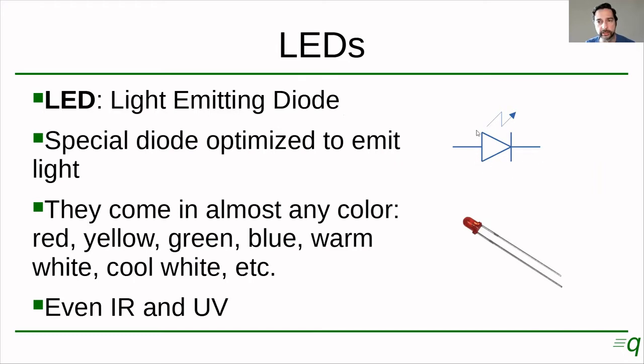So we draw the symbol as a diode with this arrow or this lightning bolt, if you want. That symbolizes an LED. So LEDs are diodes that are optimized to emit light, and they come nowadays in pretty much any color. They can even be infrared and UV or ultraviolet.